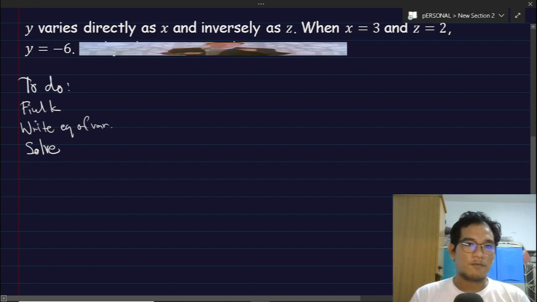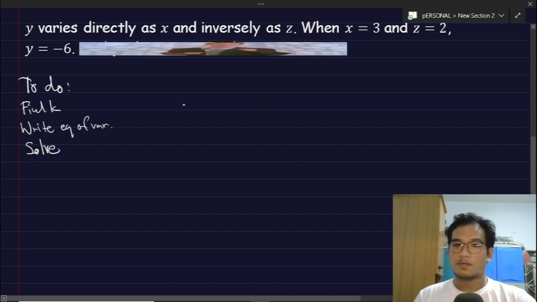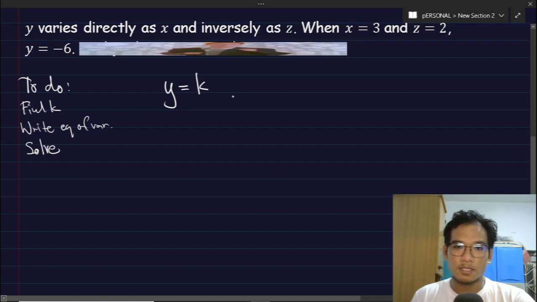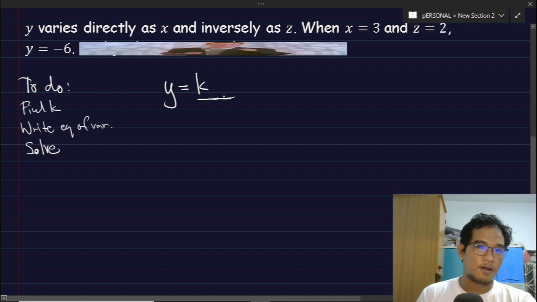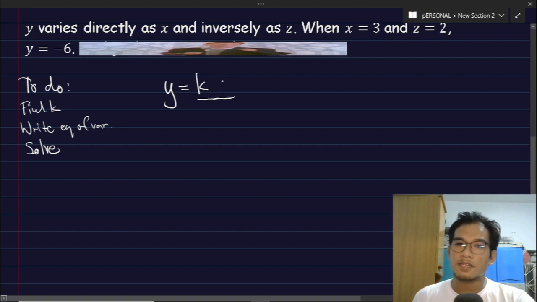Okay, so y varies directly as x and inversely as z. So we can write that into a form of equation. y is equal to k, and then we can imagine that there is a fraction bar here. Since y varies directly as x, in direct variation, x is being multiplied to k, or it is in the numerator.